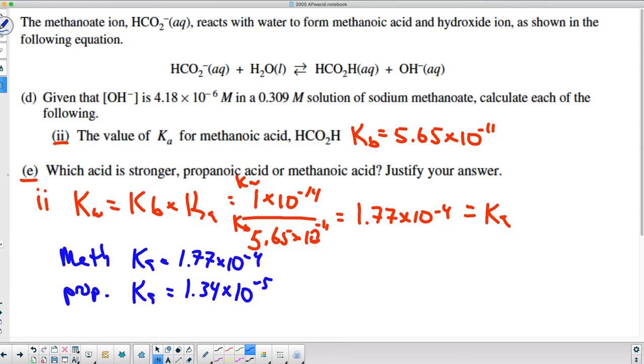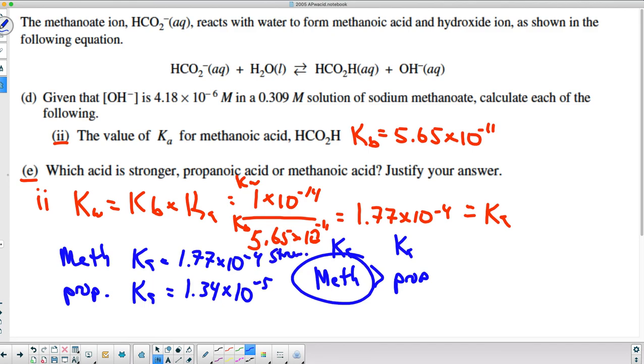Yeah. So that means methanoic acid is a stronger acid because it has the larger Ka. If the Ka is larger than that of propionic acid, then methanoic acid is the stronger acid. So the larger Ka means a stronger acid. So this one's going to be stronger.